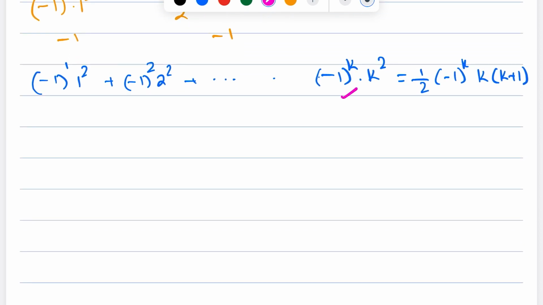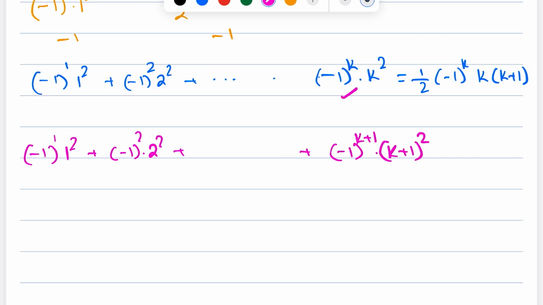So plug in k plus 1 on the left hand side: 1 squared plus minus 1 whole squared times 2 squared plus, and so on, minus 1 whole to the power of k plus 1 times k plus 1 whole squared should be equal to, plug in k plus 1 in the right hand side also.